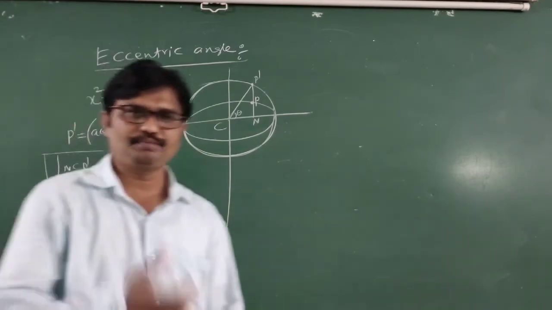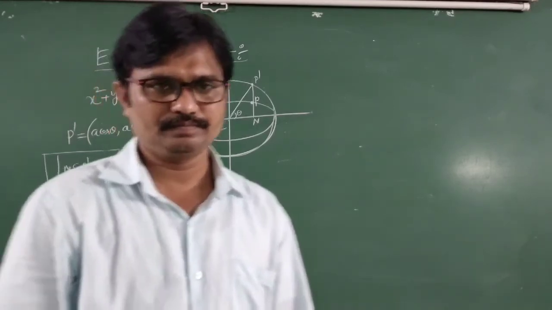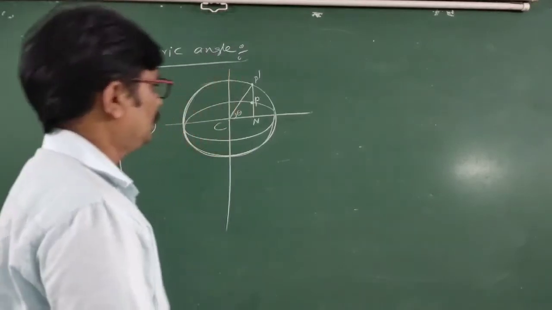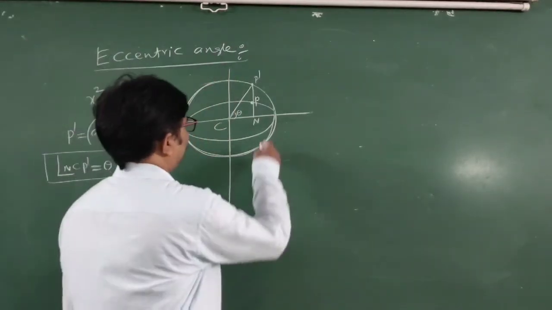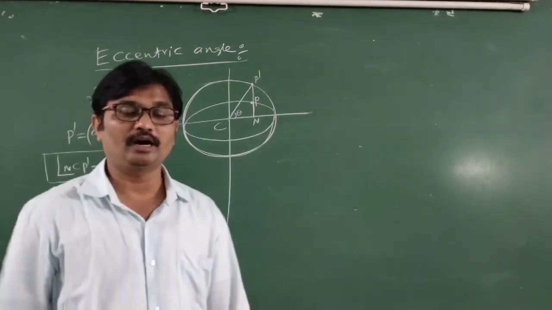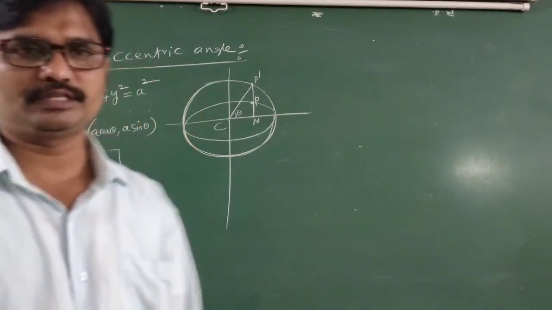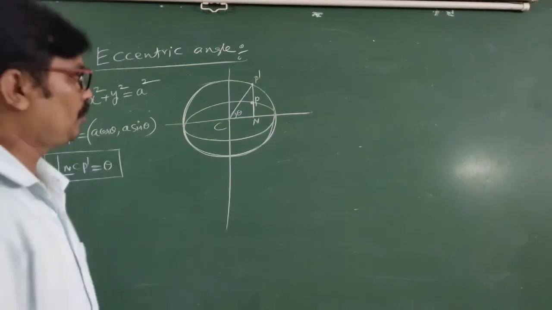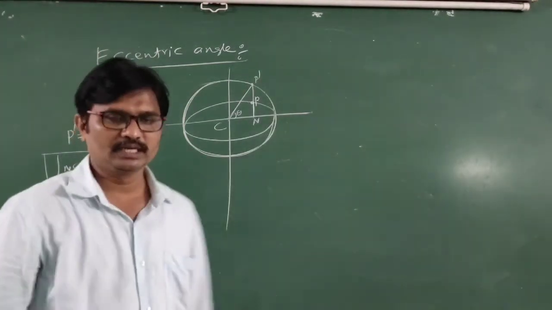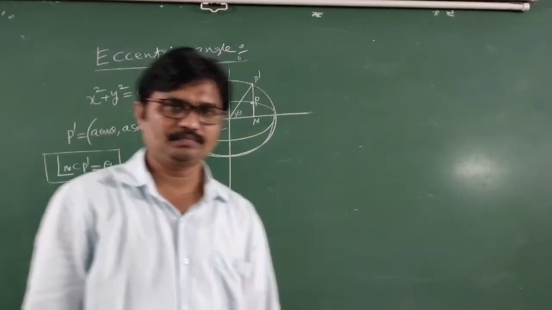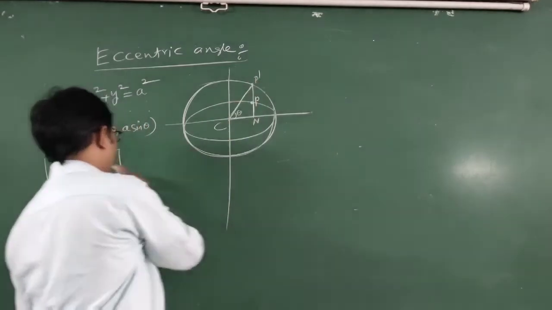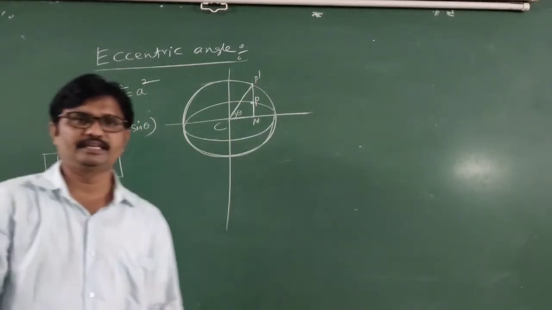Dear students, P is a point on the ellipse. If P is a point on the ellipse, then PN is the ordinate of the ellipse. The corresponding point of P lies on the auxiliary circle, P dash. C is the center of the ellipse. Then angle NCP dash equal to theta is called the eccentric angle.